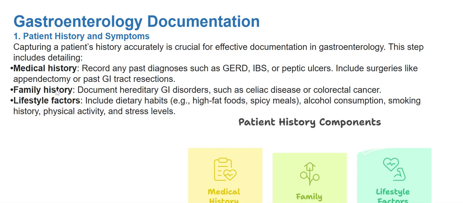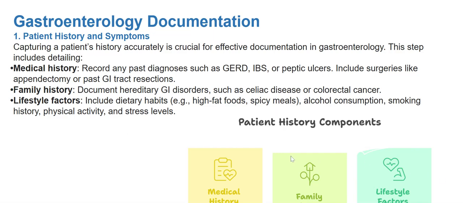Include surgeries like appendectomy or past GI tract resections. Family history: document hereditary GI disorders such as celiac disease, CD for short also, or colorectal cancer. Lifestyle factors include dietary habits, for example, high-fat foods, spicy meals, alcohol consumption, smoking history, physical activity, and stress levels.